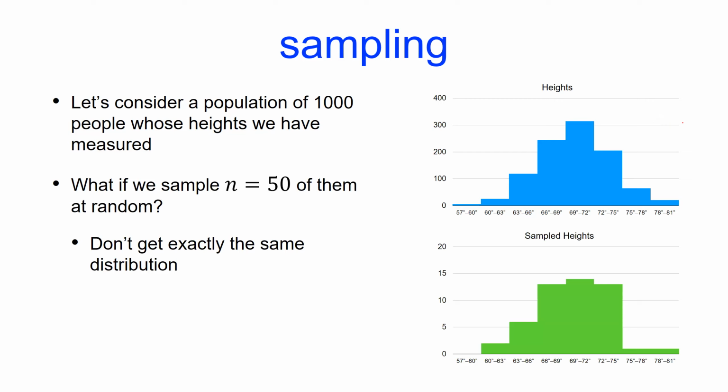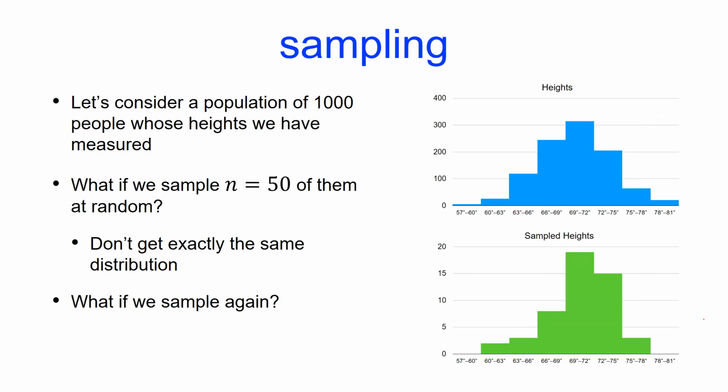So now let's say we take 50 samples. I take a subgroup of this population and plot a histogram. You will say, hey, this looks kind of similar, but of course it is not exact. So I take another 50, and we get something again.